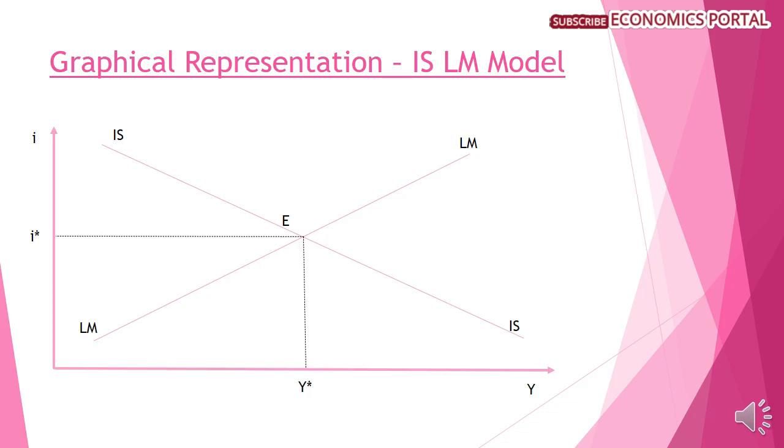We can see that IS curve and LM curve meet each other at point E, and at this point the level of interest is I star and the level of income is Y star. So E is basically the point where the IS and LM meet, where the goods market and the money market are in equilibrium.